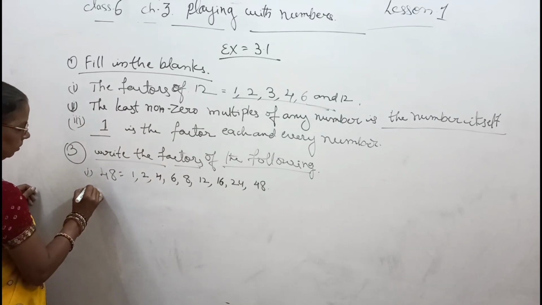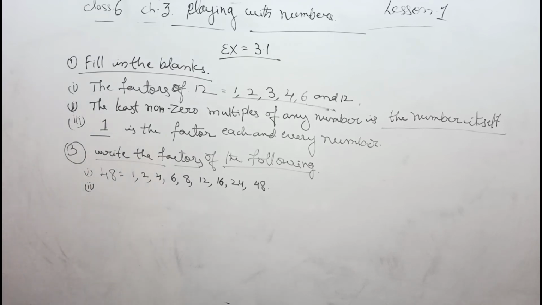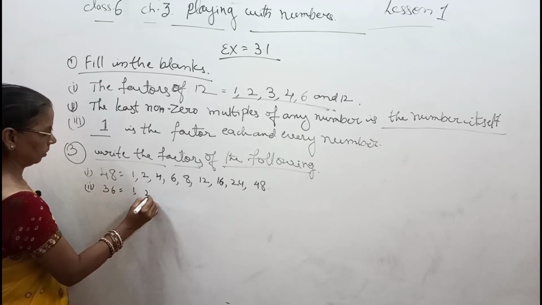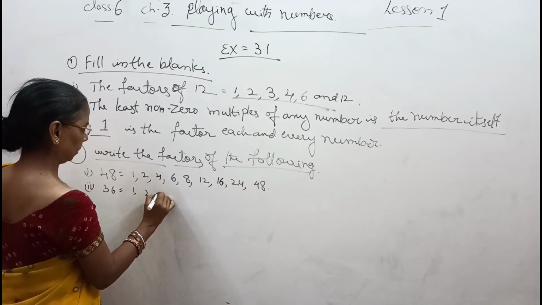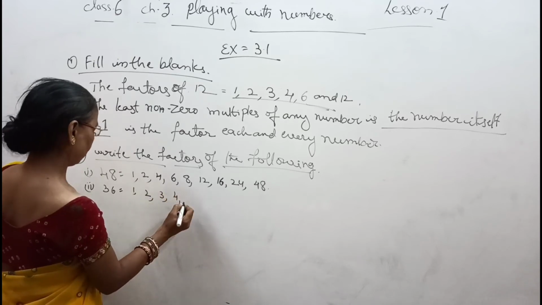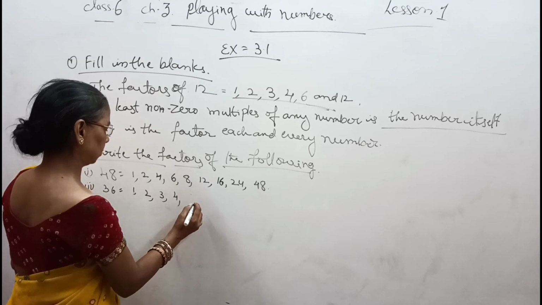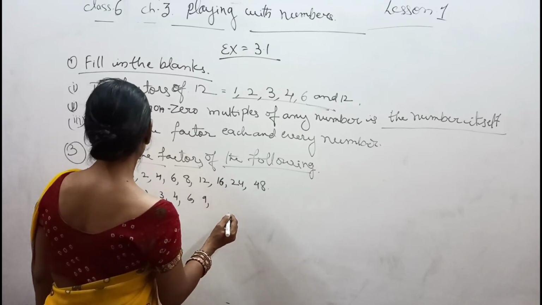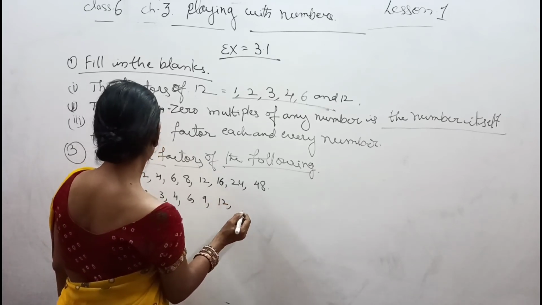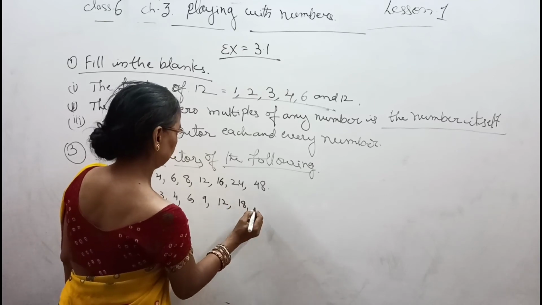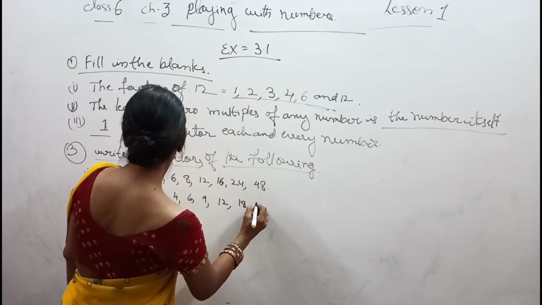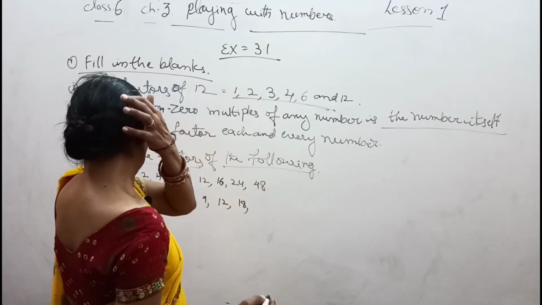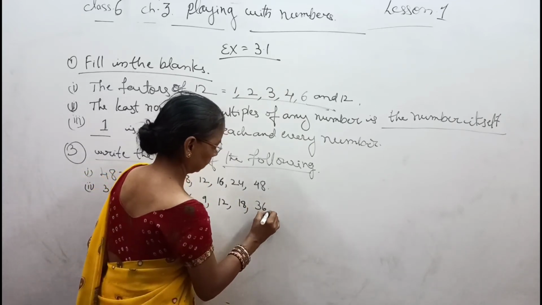Now second one, 36. Again 1, 2, 3, 4, 6, 9, 12, 18, then 36.